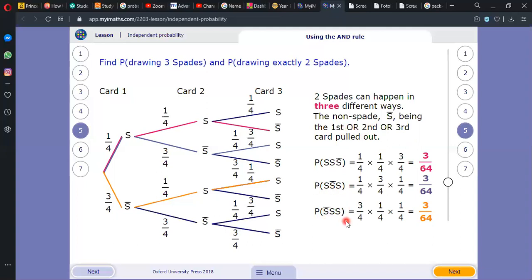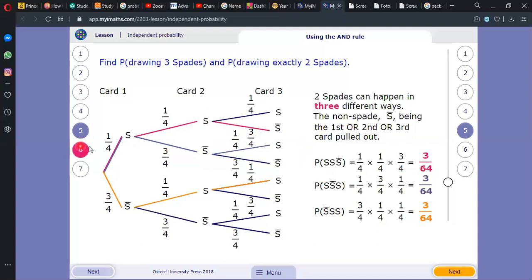That is how we get exactly 2 spades when we pick out 3 cards. So if you look at the color here still remains pink, so that is how that one went in the tree diagram. Pink 1/4, pink 1/4 for card 2, pink 3/4 for card 3.